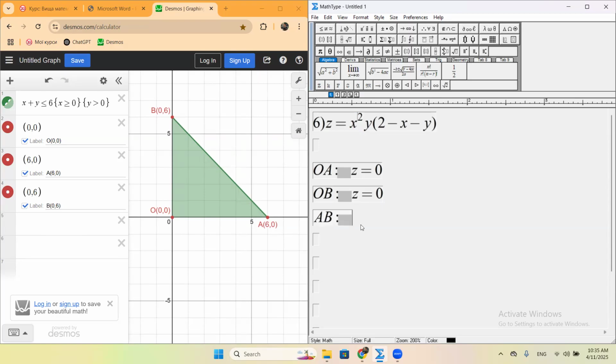So let's calculate it at AB. Let's express z as a function of one variable. Let's express y through x: y will be equal 6 minus x. So 6 minus x multiplied by 2 minus x minus x plus 6.